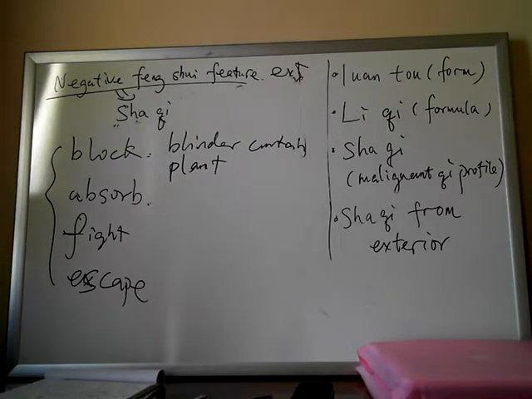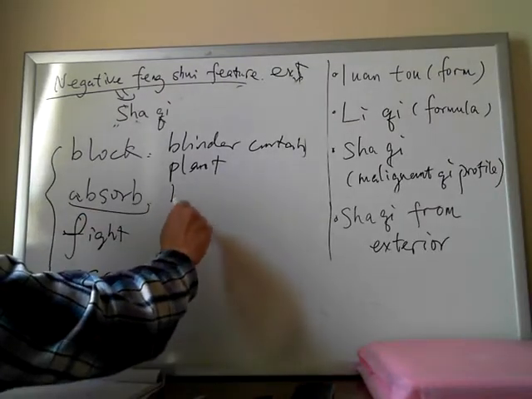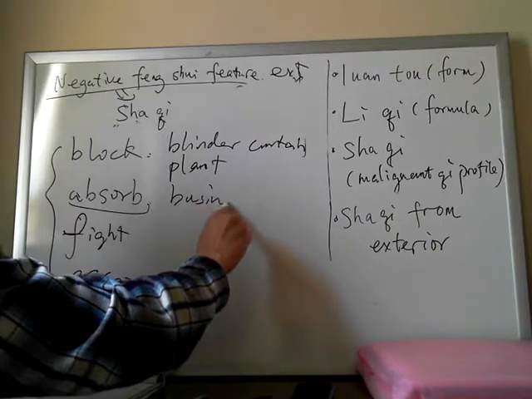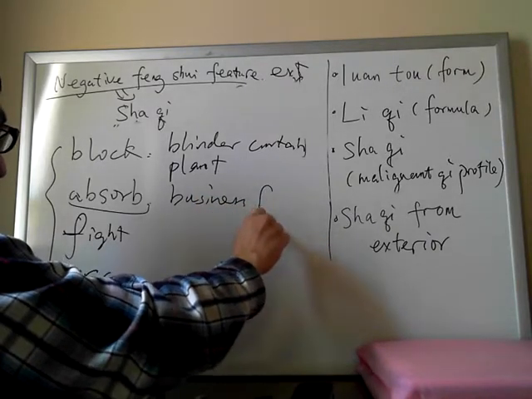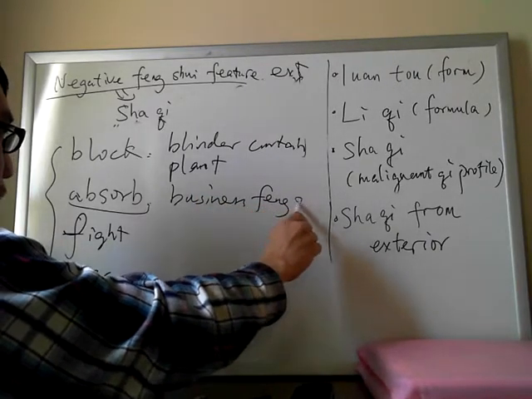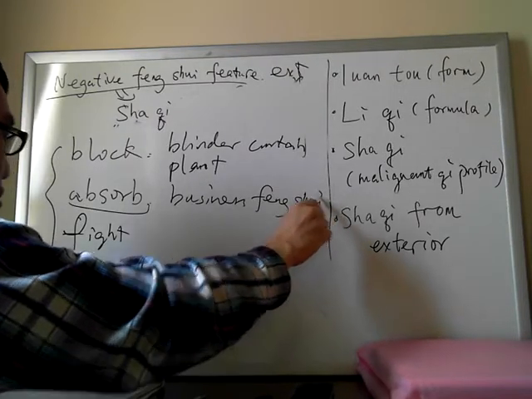Absorb means you try to convert the negative feng shui structure into a positive feng shui structure, and essentially you try to make use of the sha qi so that it can even be used to improve your business. So it's mostly used in business feng shui, rarely used in home feng shui, because it requires lots of space.